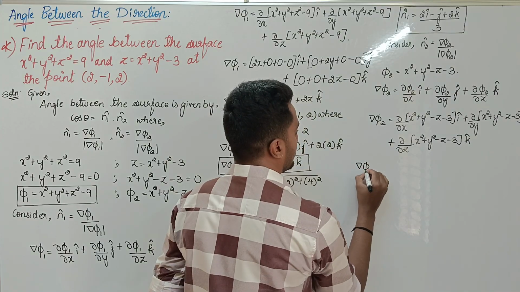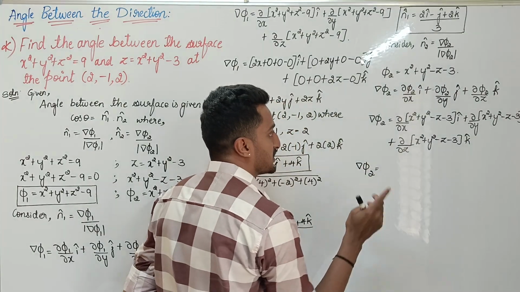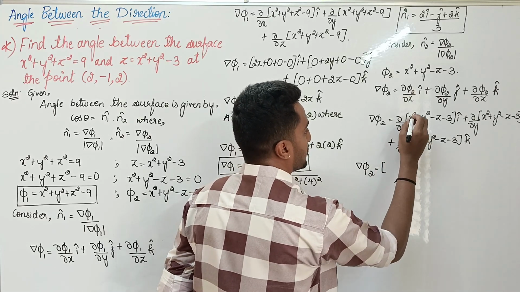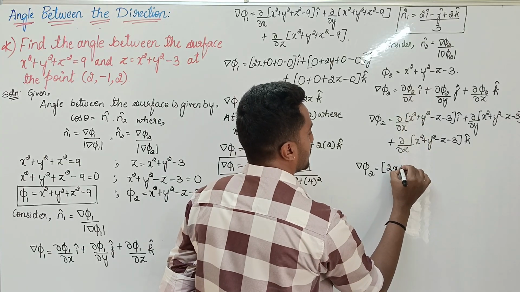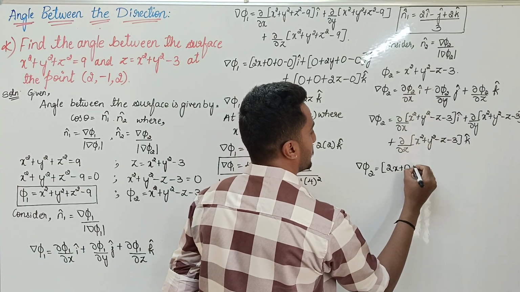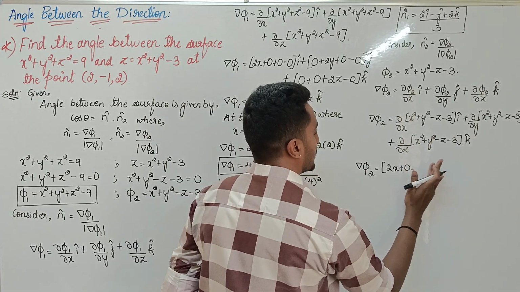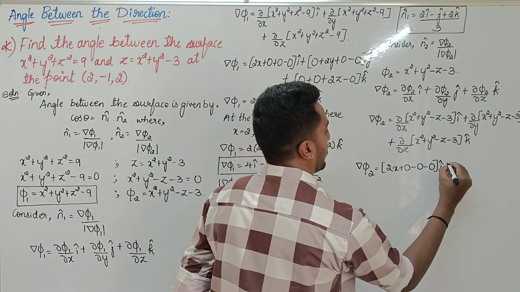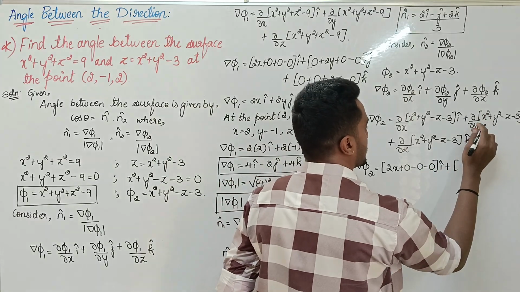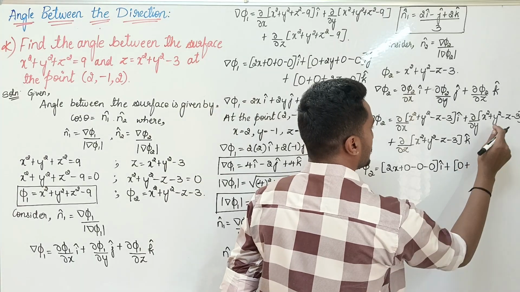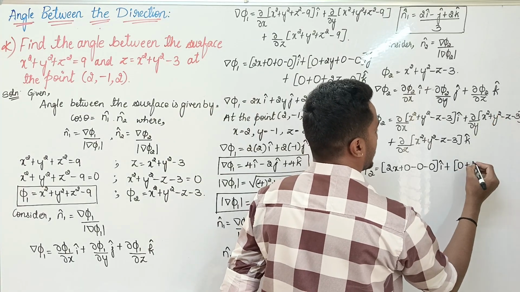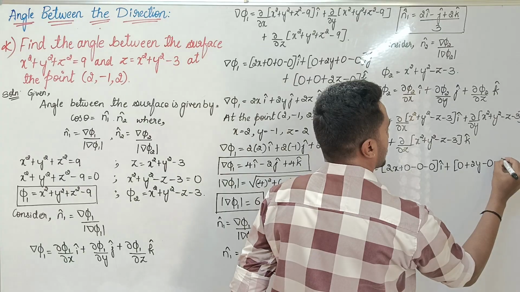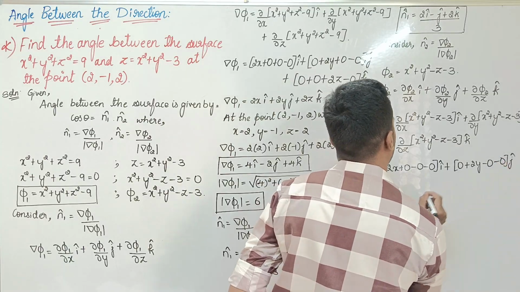That is gradient phi2, which is equal to... First, let us differentiate term by term. In the first term, we have x square, so the differentiation of x square is 2x. Differentiation of y square with respect to x is 0, differentiation of z with respect to x is 0, constant 0, into i cap. Now with respect to y, x square gives 0, y square gives 2y, z gives 0, constant 0, into j cap.